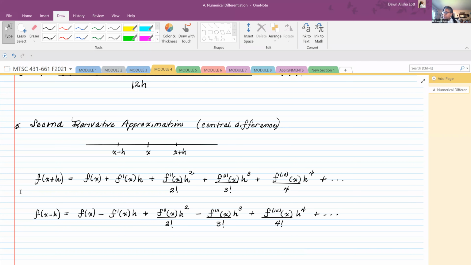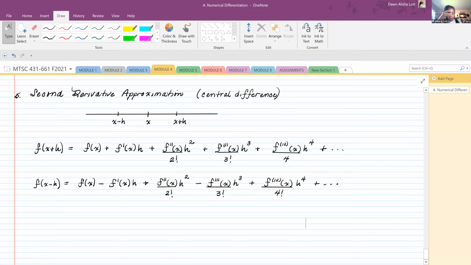You can always come back to your notes and write it in. So now I'm trying to solve for the second derivative. So the term I want is this term right here. So clearly, I don't want to subtract. It would be nice if I add those two terms together.